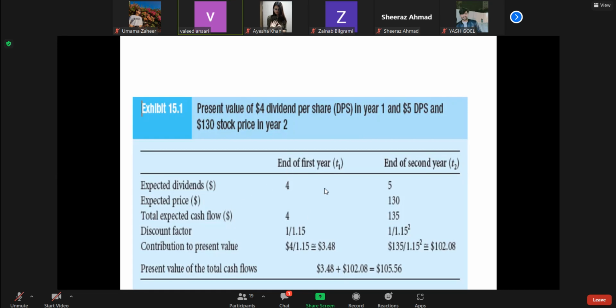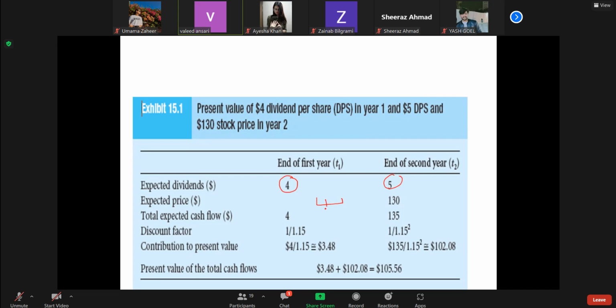Now you see here, there is a company which is expected to give a dividend in the first year of 4 rupees. At the end of the second year, it will give 5.